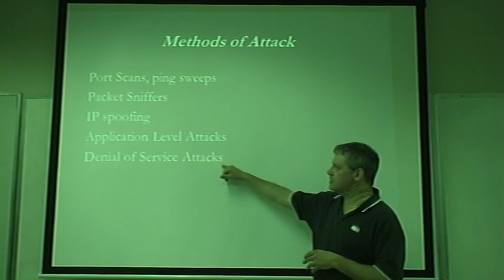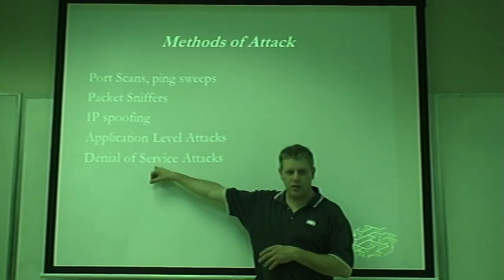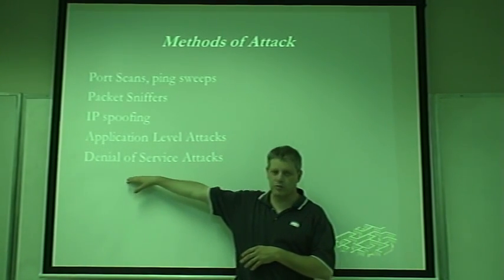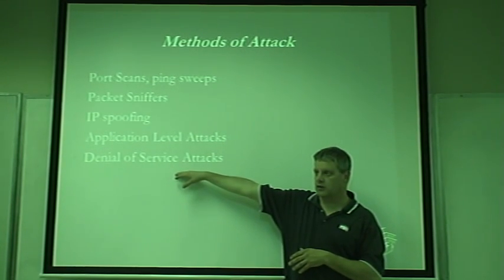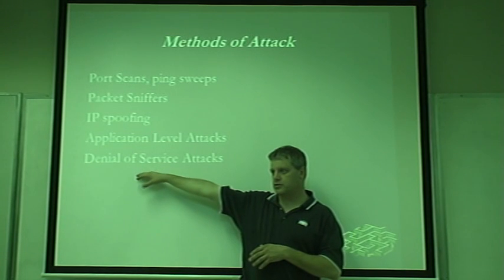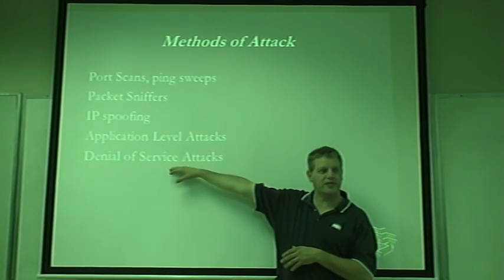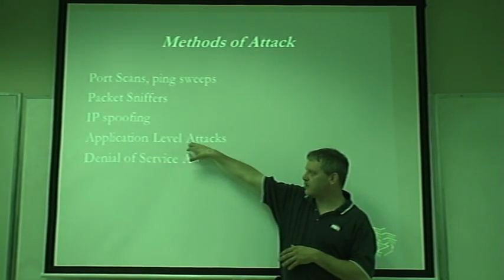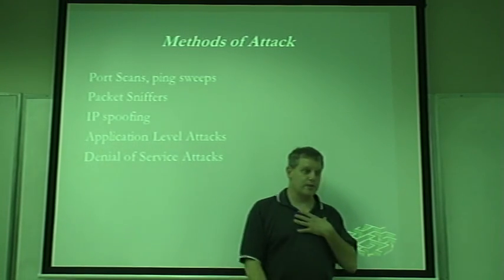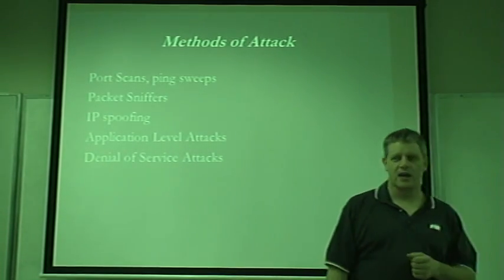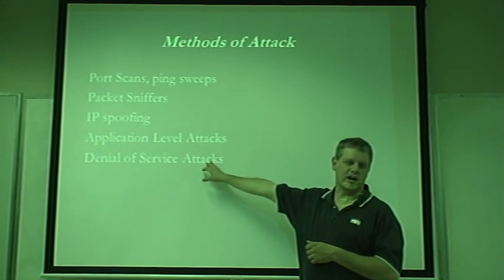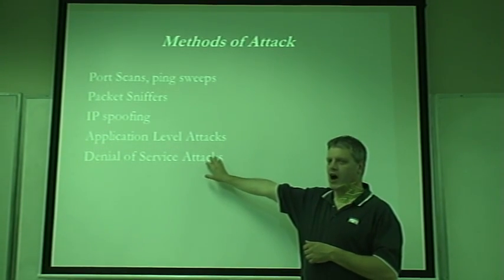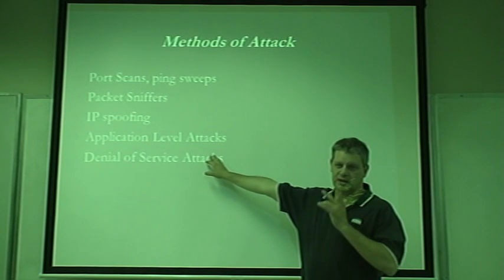Denial of service attacks are kind of old school, although they're making more and more of a comeback, especially with the LulzSec and Anonymous groups, the hacktivists that are out there. But the application level attacks are what worry me the most. With denial of service attacks, there's not a whole lot I can do about it, other than contact my ISP and try to filter that traffic upstream.